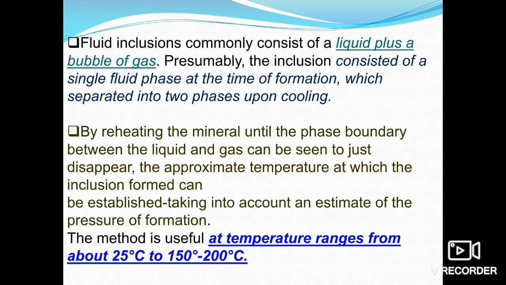So the approximate temperatures at which the inclusion formed can be established, taking into account the estimate of the pressure of formation of those inclusions. So the method is useful in the temperature range from 25 to 150 or 200 degrees Celsius. Okay, so that range is very important.